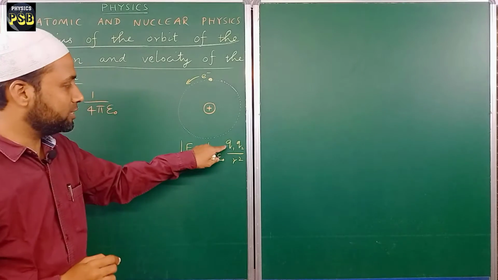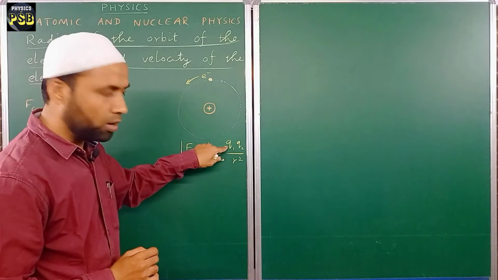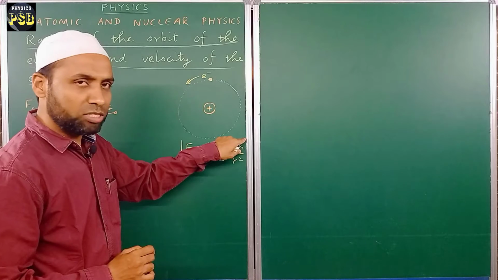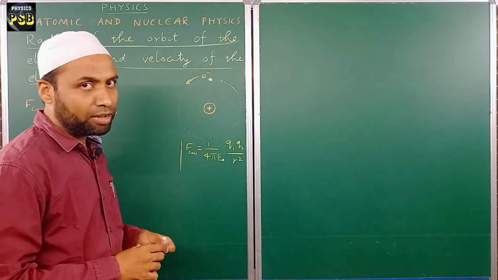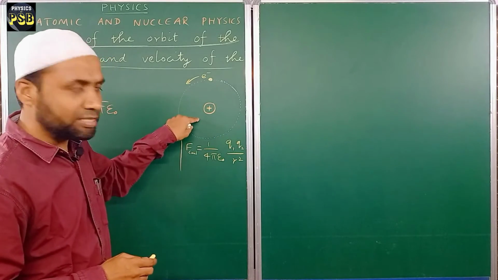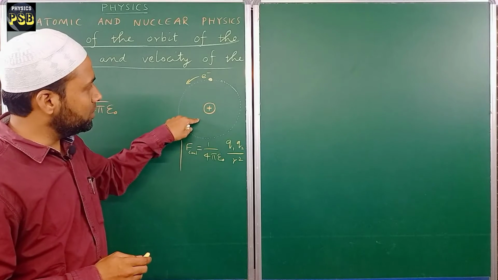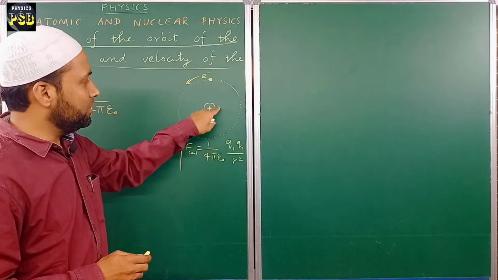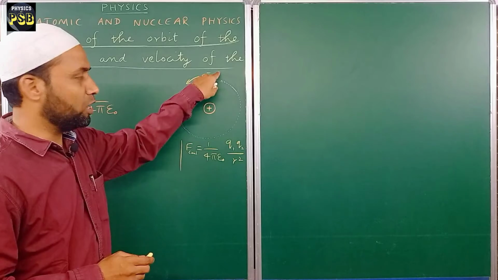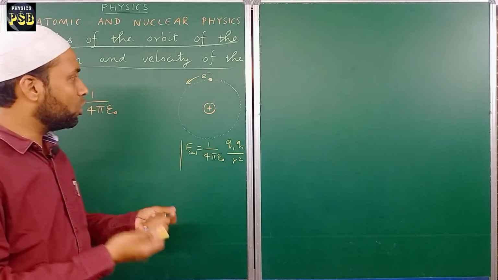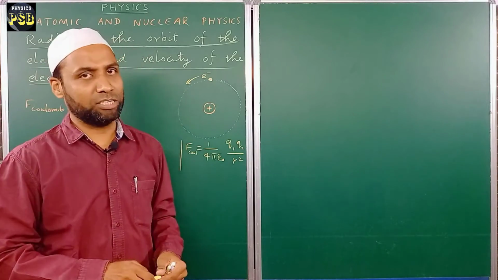We have studied this in the first chapter. Here Q1 is the charge of one object, Q2 is the charge of another object, which are attracting or repelling each other. In our case, the force existing between the nucleus and the electron is an attractive force because they carry opposite charges.